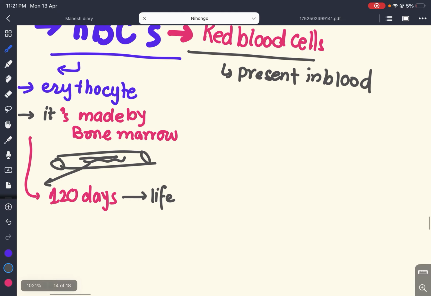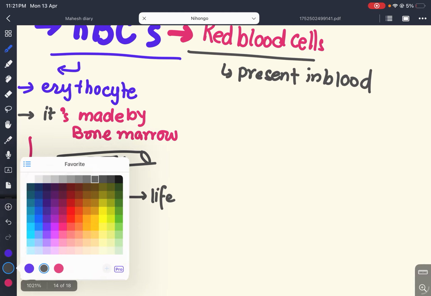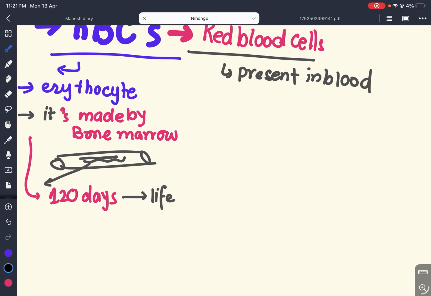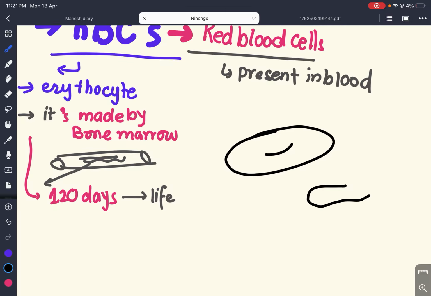Again, now let's just talk about the structure of the red blood cells. It has an interesting structure. So what is the structure? It's more like this. I'm sorry. They have a disc structure, and this is how you see it from the upper side. If you see it from the side angle, it seems like this.